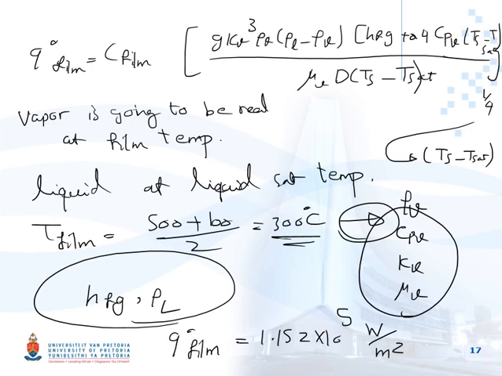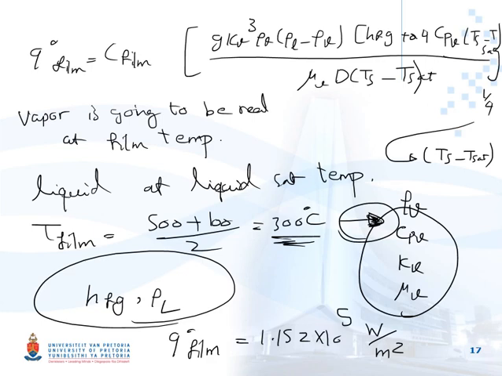Please give extra attention to the temperatures that you are reading properties from. Lots of points will be missed if you make a mistake here. Why? Because if you read at the wrong temperature, everything after will be wrong.